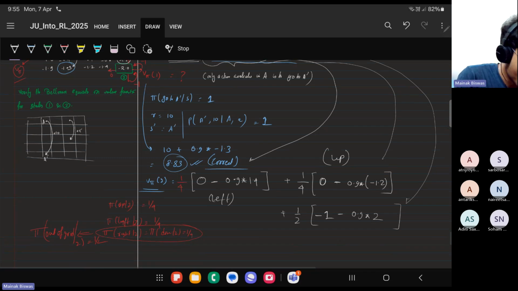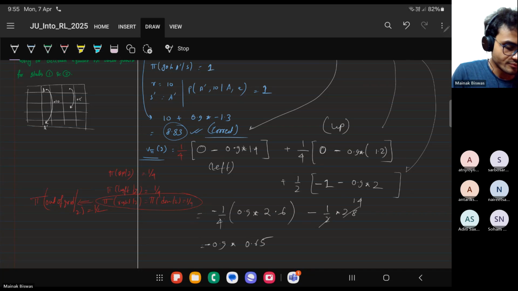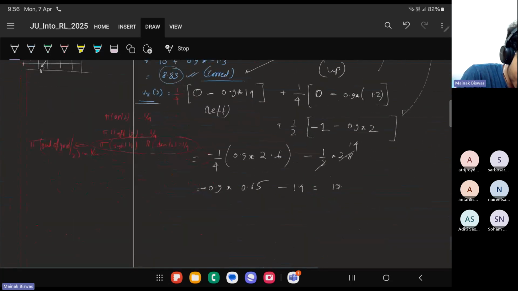So if you write it down, you'll get 1/4 minus 0.9 into 1.4, 2.6, right? 0.9 into 2.6, minus half into 1.4, 0.9 into 0.65, minus 1.4, that is 1.985, 1.99.